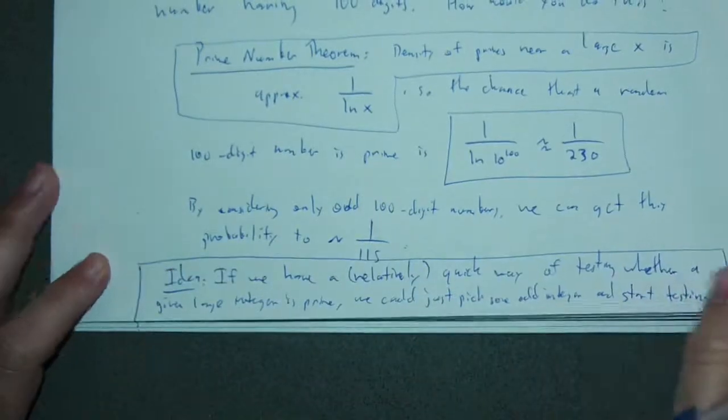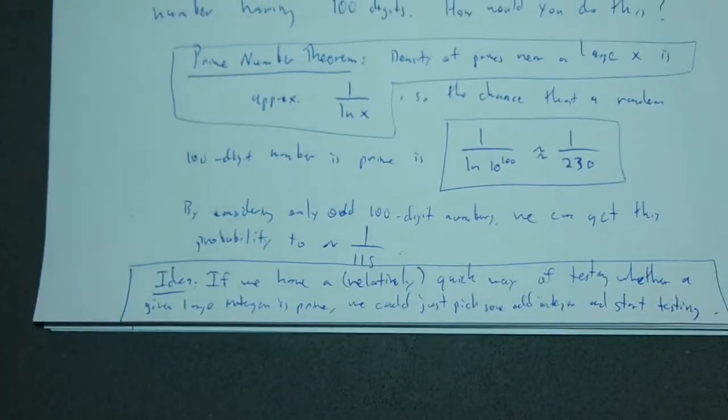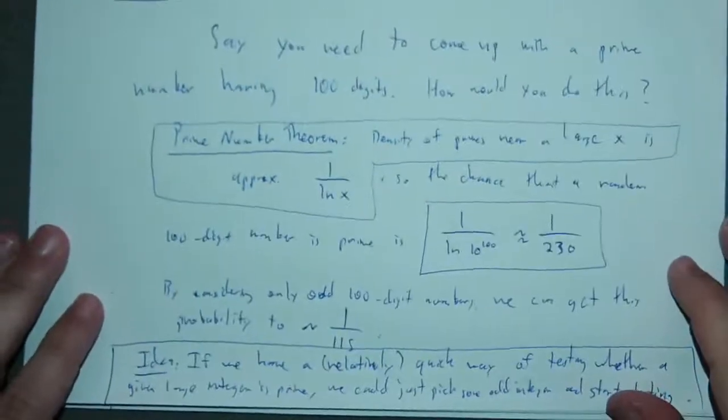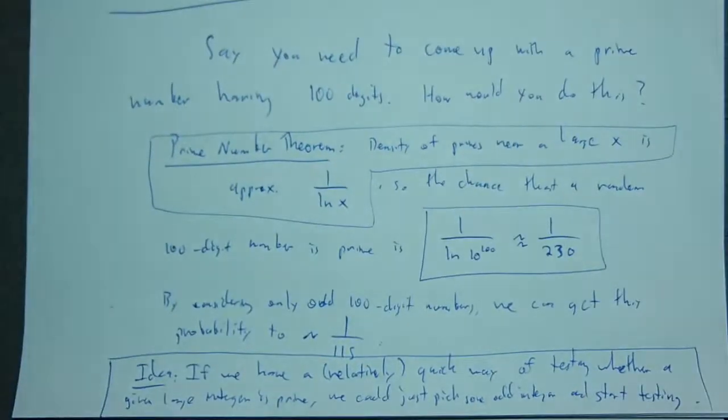So pick some large odd 100-digit number, and then just start looking at that number plus 2, plus 4, and so on, right? So pick a large odd number, and then start testing the sequence of odd numbers that follow.